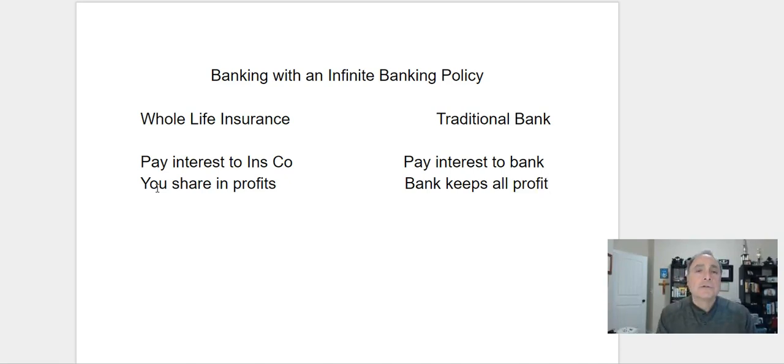Now, since you are a part owner of the insurance company, because it's a mutual company and you own a policy, part of the profit that the insurance company makes comes from loans to you and everybody else. They make loans to, for instance, a furniture store like Ashley Furniture, and they let you borrow money to buy furniture, right? Well, they don't have the money to give you.